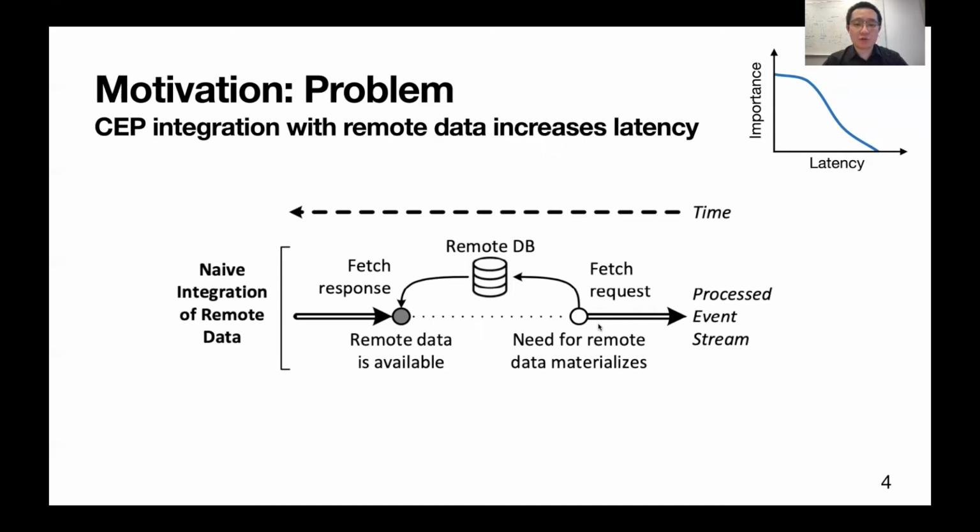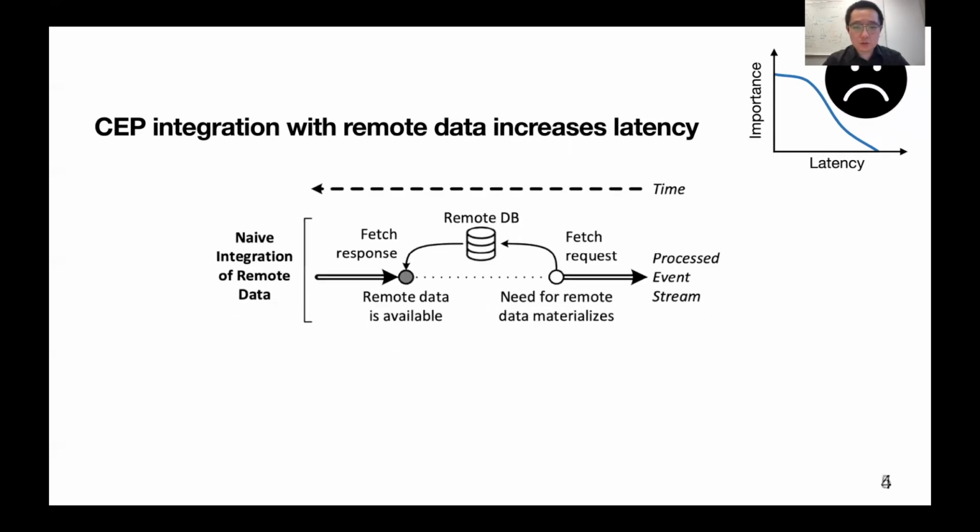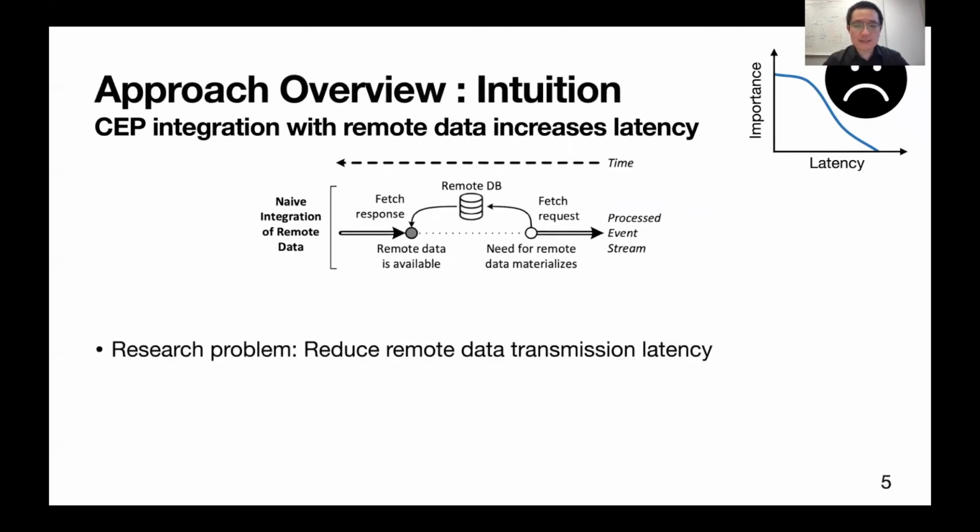Only after the remote data has been returned from the remote database to the CEP engine, the stream processing continues. So the problem is that the fetch operation blocks stream processing and significantly increases processing latency. Then our research problem is to reduce remote data transmission latency.